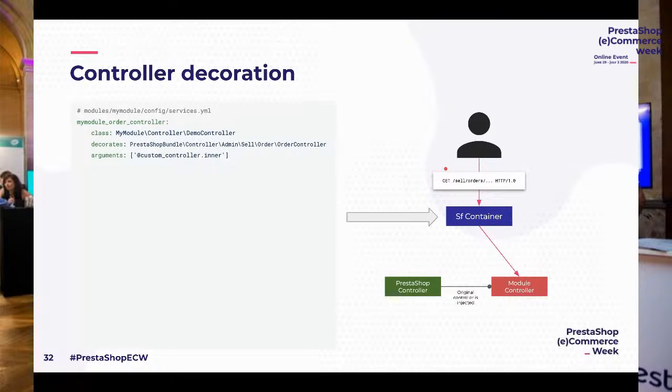So basically what you do is you inject the original controller inside your module controller by means of configuration. So you set up your controller, which is called my module controller demo controller. You specify that it decorates, it replaces the other controller, and this other controller is instantiated and injected into the constructor of your module controller, so you have access to it.